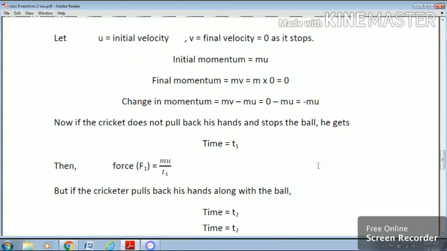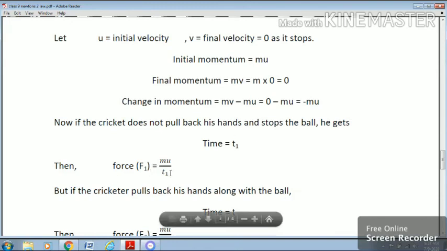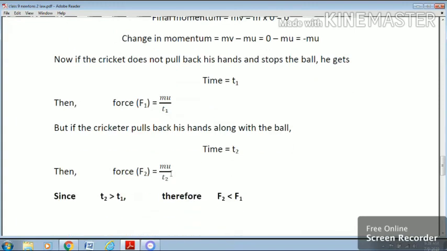Now if the cricketer does not pull his hand back, let's suppose our time period is t1, so force will be mu by t1. Now when the cricketer pulls back his hand along with the ball, the time period is t2 and the force will be mu by t2. Now we know that t2 is greater than t1 because he is taking more time to pull his hand back.